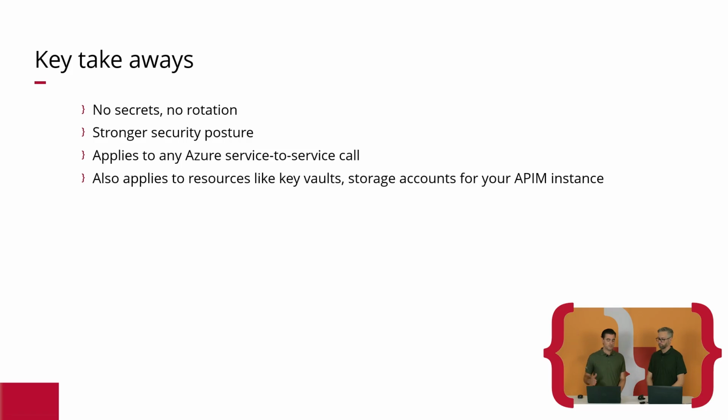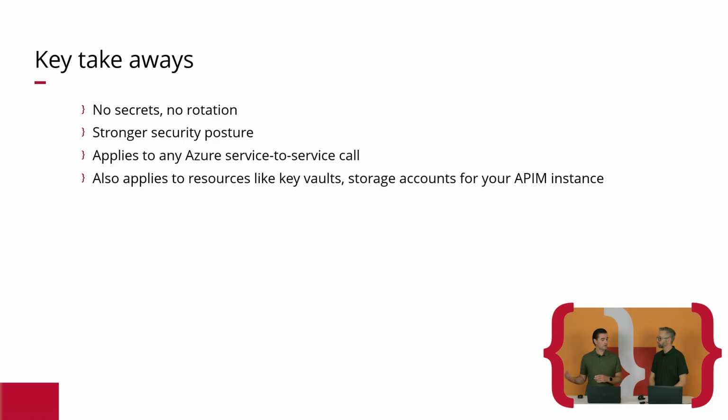Okay, so that is how we connect an API management service to a backend without a secret. So no secrets, no rotation. In the end, your security posture really is better and stronger. You can use it for any service-to-service call in Azure.